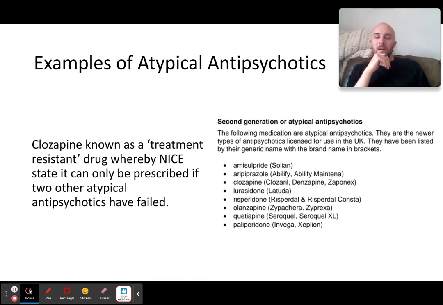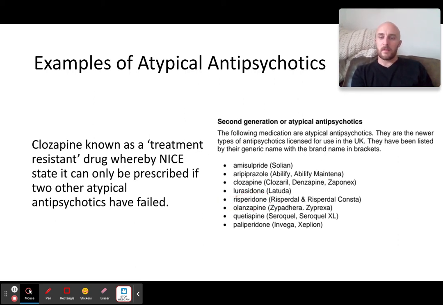So I guess it's worth noting that clozapine that I mentioned, the NICE guidelines actually say that you can only give clozapine if two other atypical antipsychotics have failed. So I don't know what the most common one is off the top of my head. I think it might be risperidone. I think risperidone is the most common atypical antipsychotic.